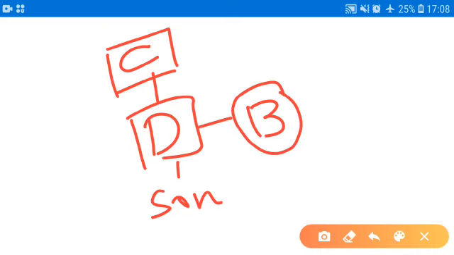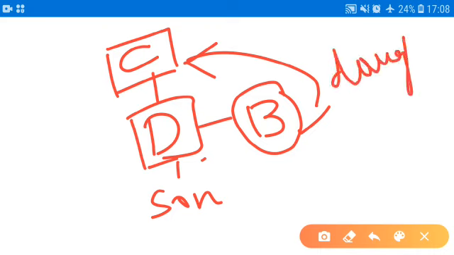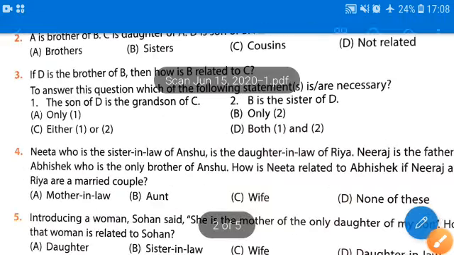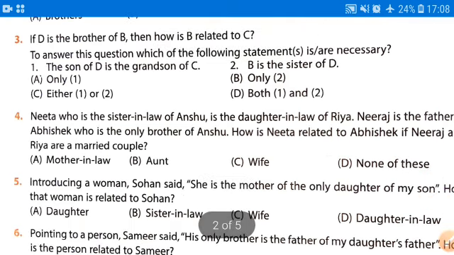Now we know about B, we know about D. How is B related to C? B is a daughter of C. Understood? For solving this question, we need both. So the answer will be option D, both 1 and 2 are required.